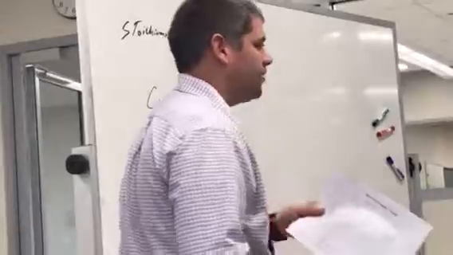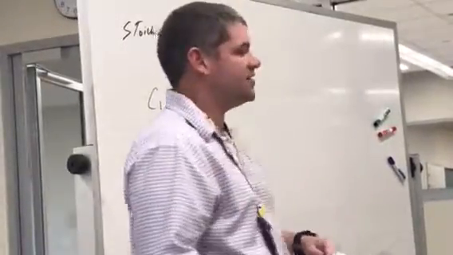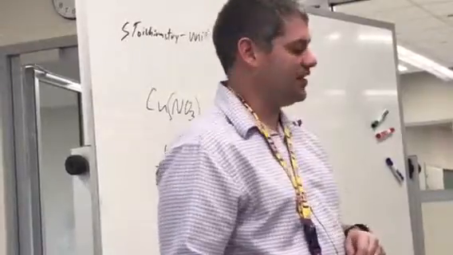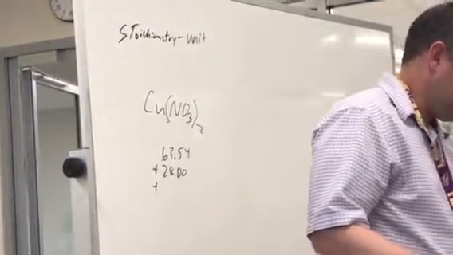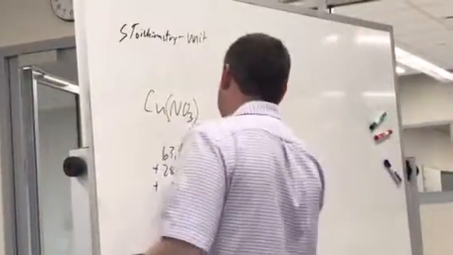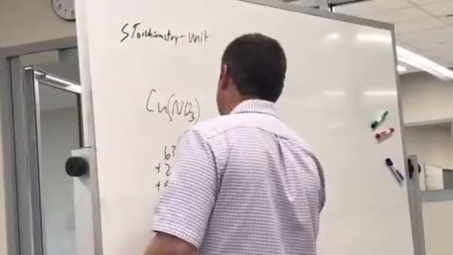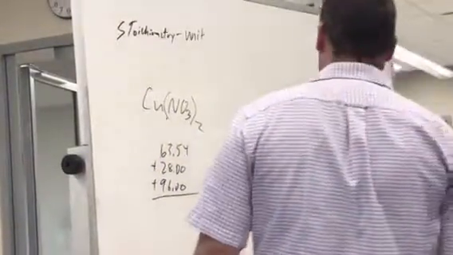Plus oxygen times 6, because 2 times 3 is 6. So it's 16 times 6, which equals 96. And the whole thing equals what, Kenny?